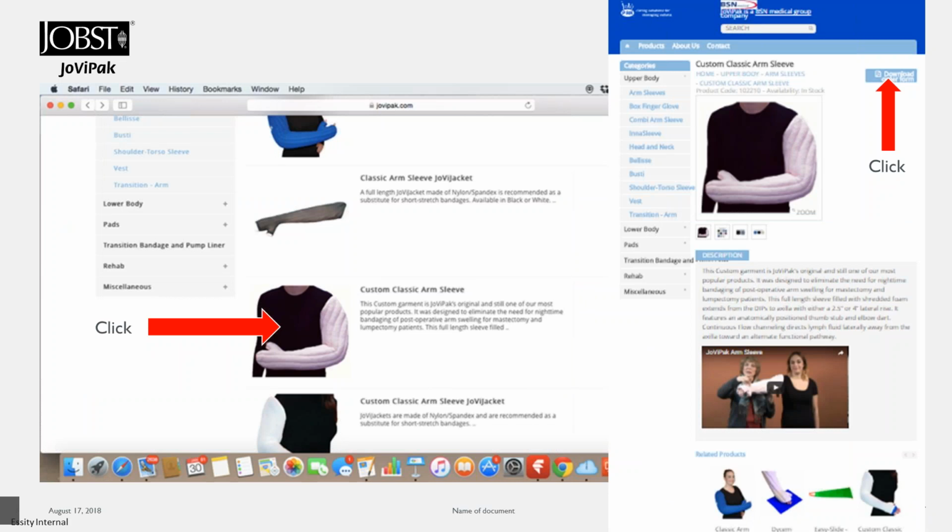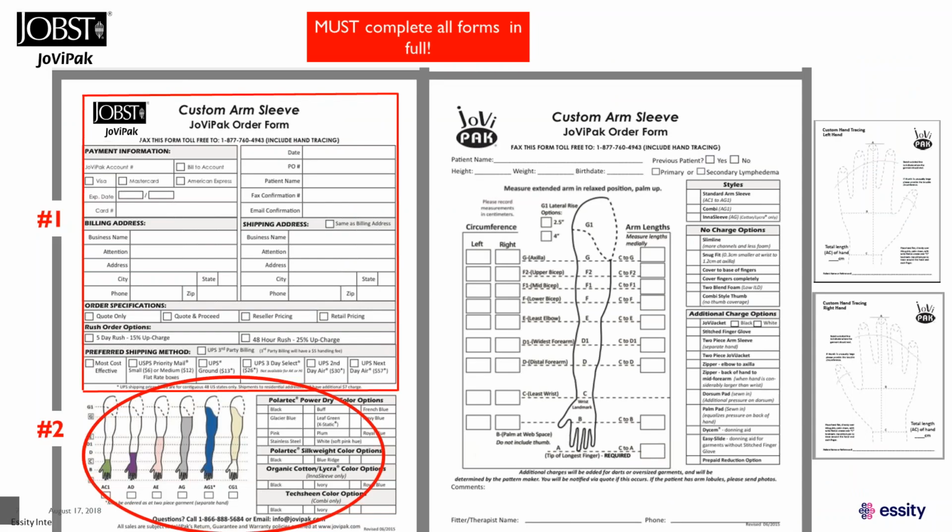Click on which garment you are wanting to choose. Then you can choose your order form. And this is what I want to concentrate on at this very moment. In this case specifically, I'm going to use the arm sleeve order form as an example for all forms.